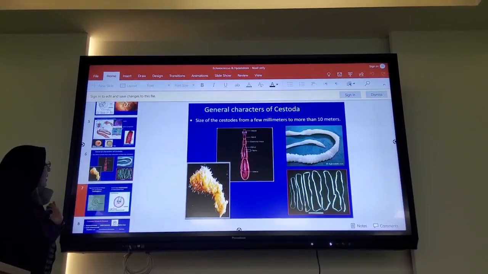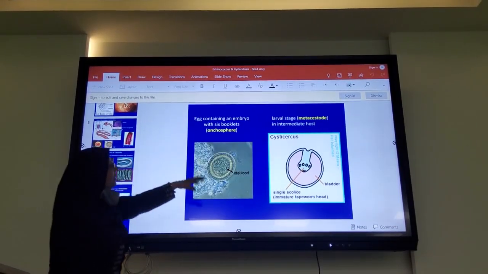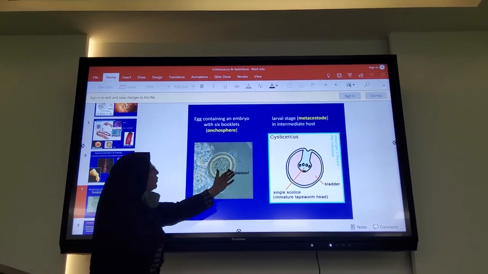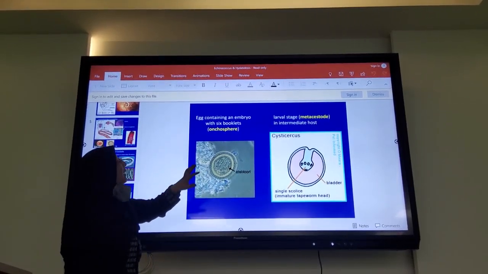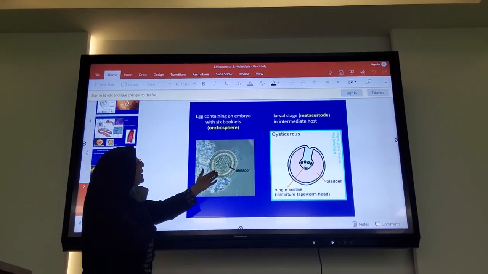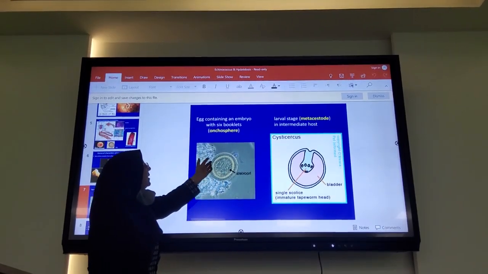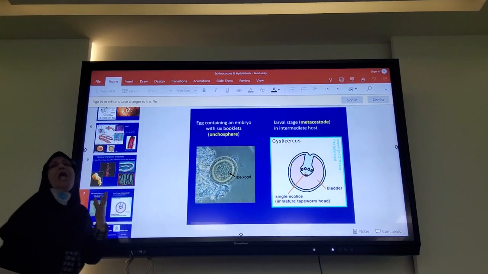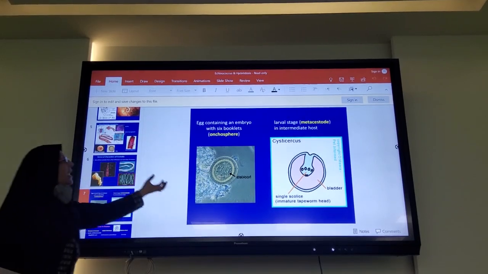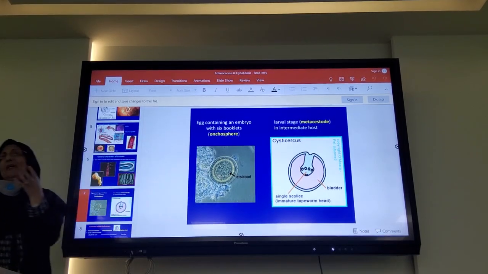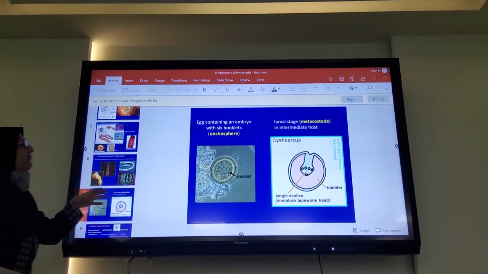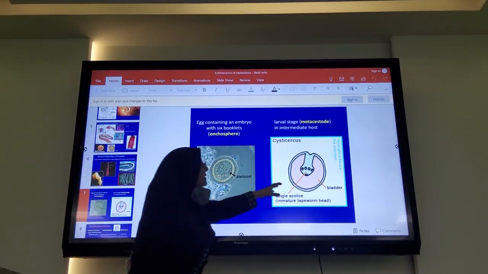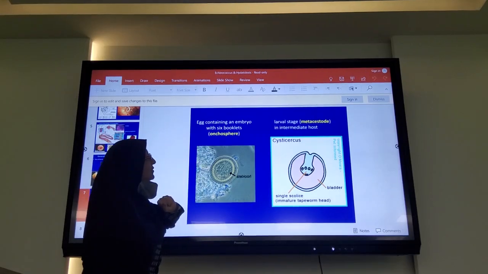Okay, this is the egg of the cystode. Inside the eggs, there's an embryo which is called oncosphere, and this is the layer which protects the embryo. When the egg containing of the embryo is eaten by the intermediate host, they develop to the larval stage in the intermediate host.